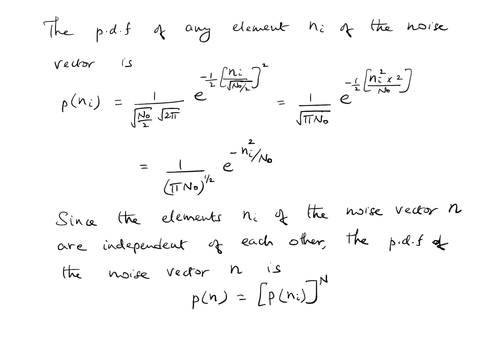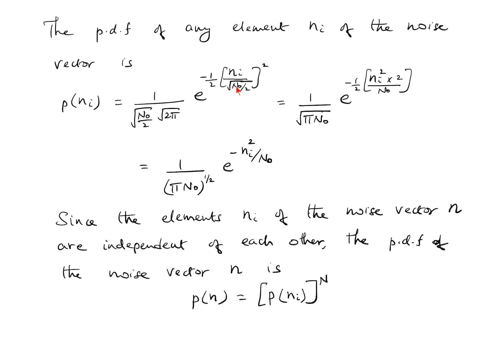And when we substitute it and simplify it, we get the PDF of each of the elements of the noise vector to be represented by this particular equation, right? In place of sigma we had put square root of n0 by 2, and here also in place of sigma it's square root of n0 by 2. Ni minus mean is 0, so that disappears, and when you square, the square root disappears.